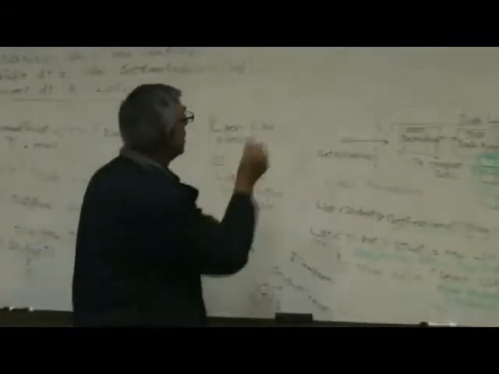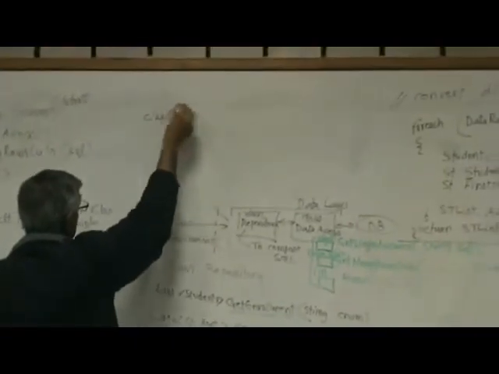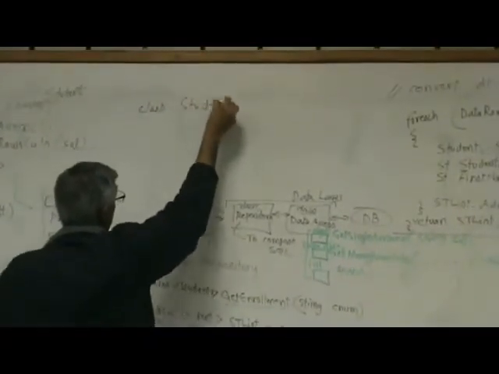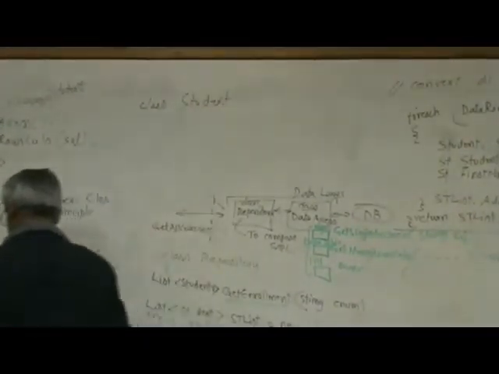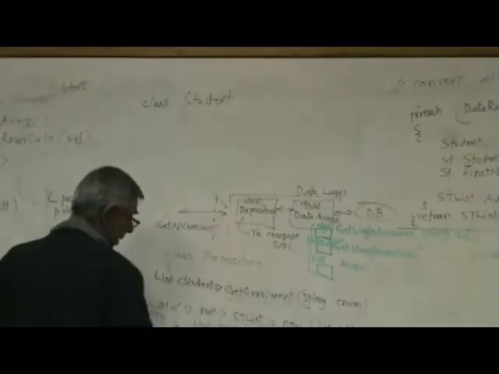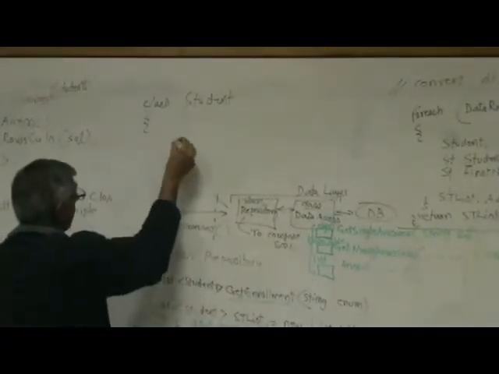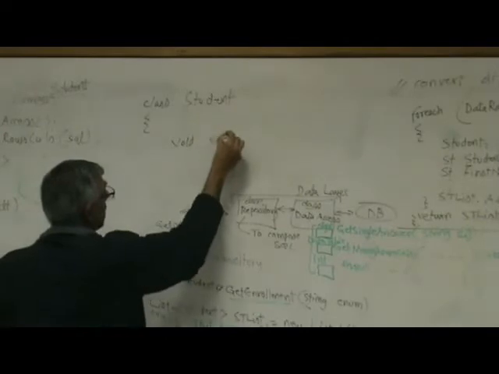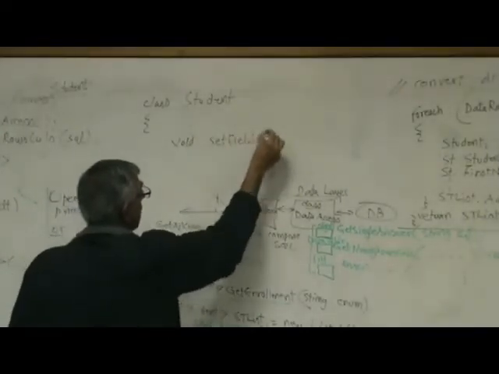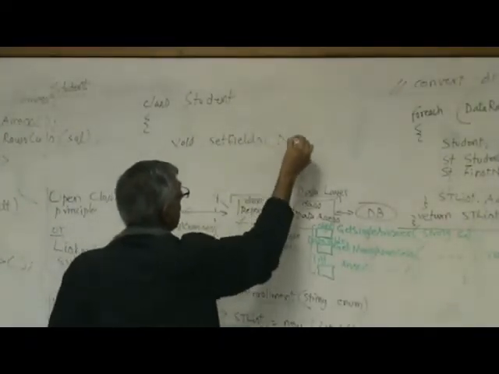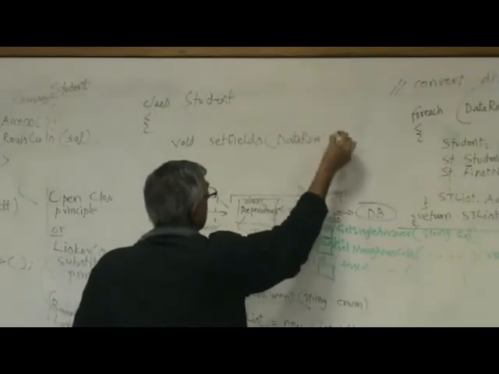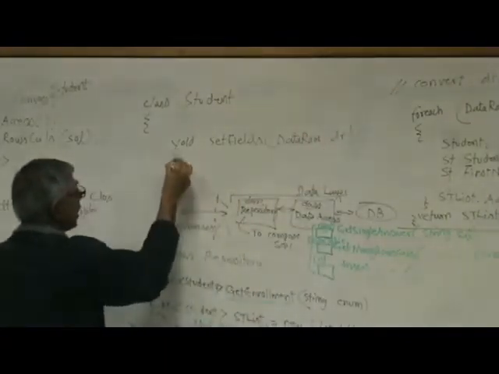Anyway, so now we will delegate the work of populating it back to the student class or the course class. So if we go to the class called student, what's our responsibility now? To write one extra method called setFields. And what will be the parameter over here? Data row dr. And what will the code look like?